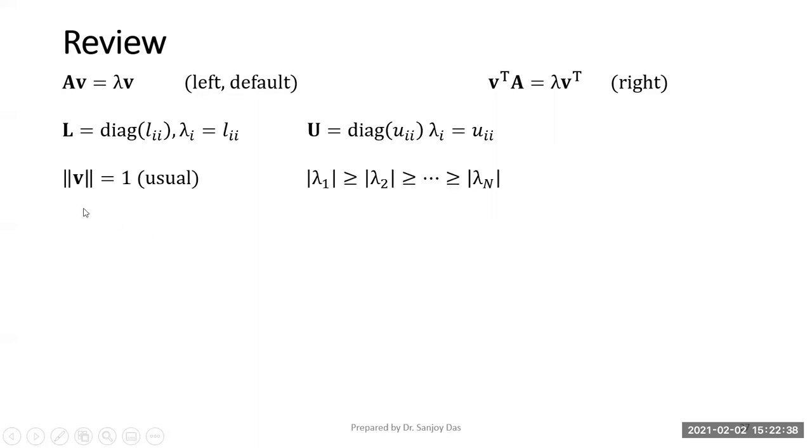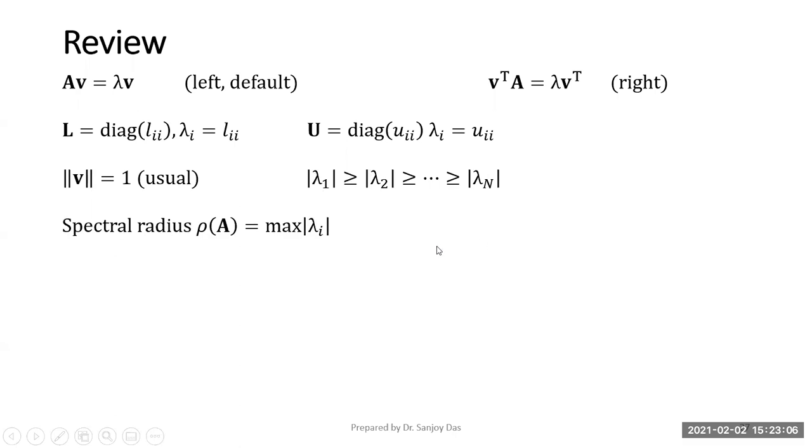Our usual manner of representing eigenvectors is by normalizing them, so that the Euclidean norms are all equal. And we usually arrange the eigenvalues in descending order of their magnitudes: absolute value of lambda 1 is greater than or equal to absolute value of lambda 2, and so on.